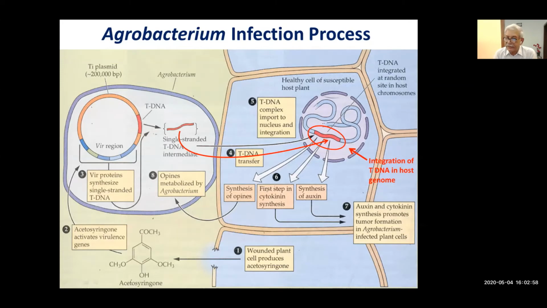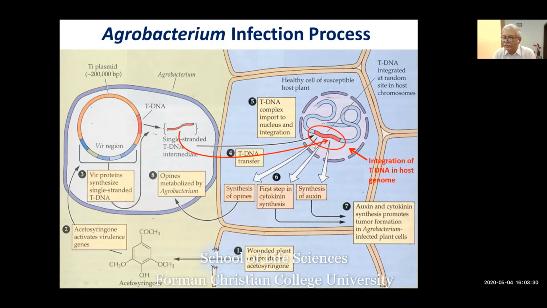Okay, and then in the plant nucleus, this T-DNA gets double-stranded, which is originally single-stranded when it is produced from the double-stranded Ti plasmid. Okay, so after getting double-stranded, it gets integrated into the host genome through some recombinational mechanisms which are governed by the terminal edges of the left and right borders on this T-DNA.